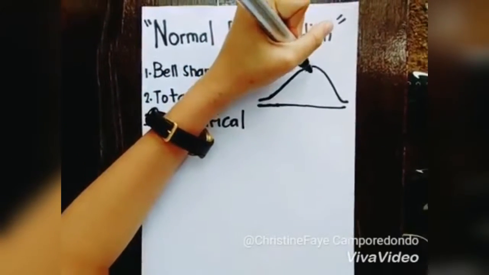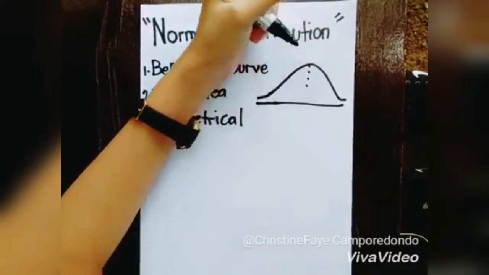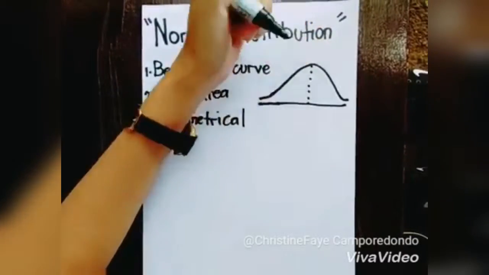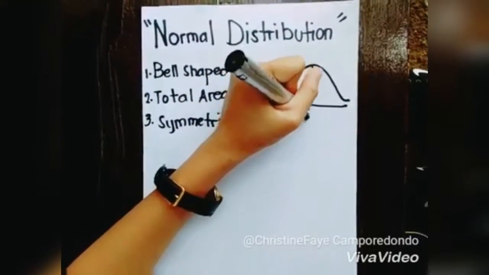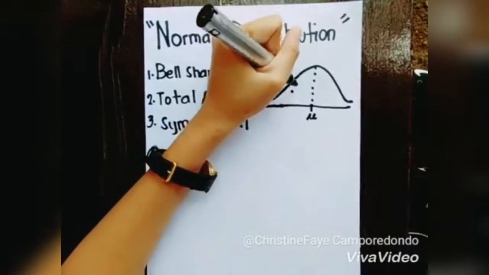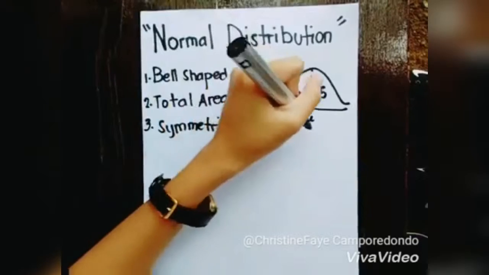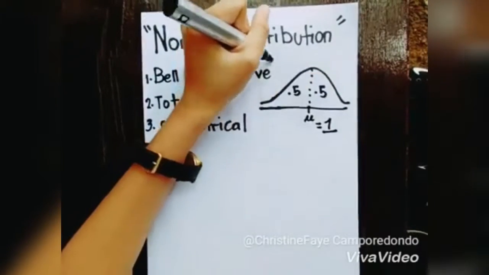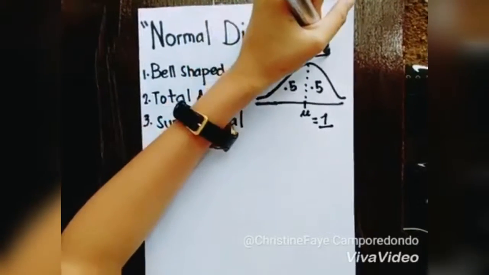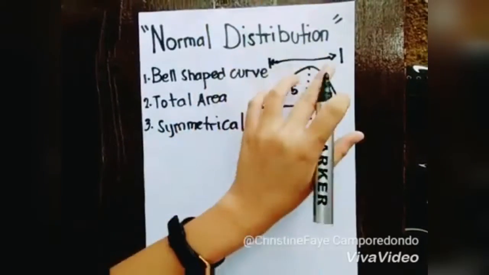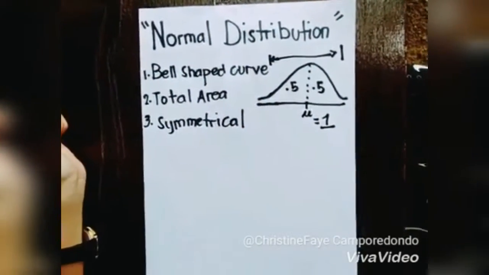If I were to draw a line in the middle where the mean is located, it will give you a half of 0.5 and the other half of 0.5, a total of 1. From here until here gives you an area of 1.